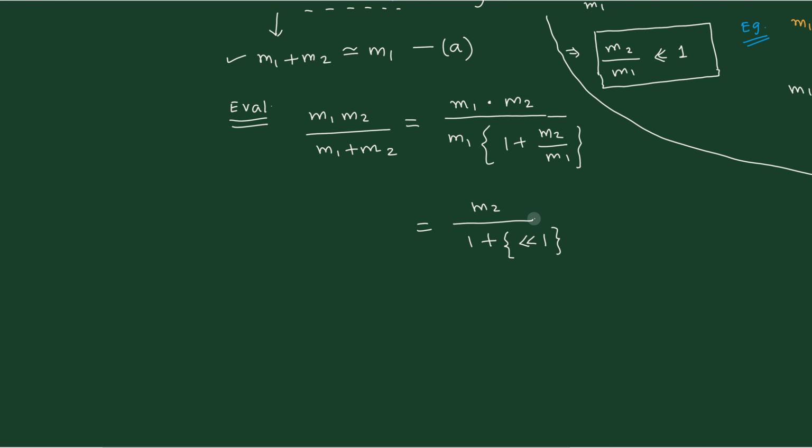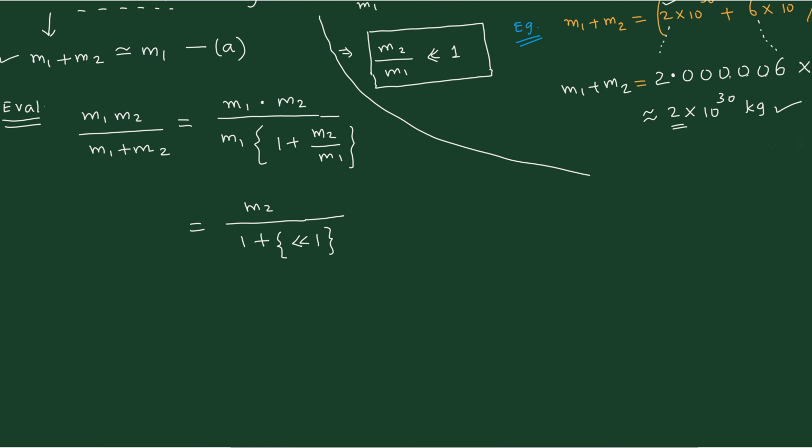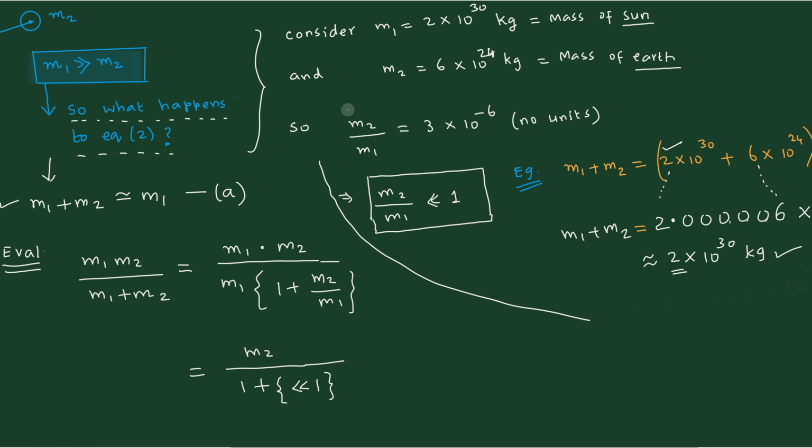That's what I'm going to add. So what kind of number is this? It is something like 10 to the power of minus 6. That is what I have explained to get a feeling for what kind of number it is. See, here it is. m2 by m1 is approximately equal to 10 to the power of minus 6. So you are going to add 10 to the power of minus 6 to 1.